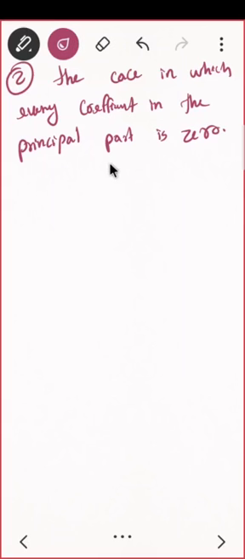Correct? What do you mean by that? That means b_n is 0 for all n belonging to natural numbers.